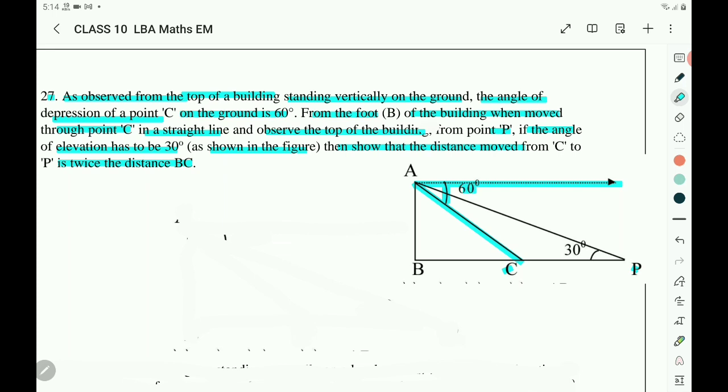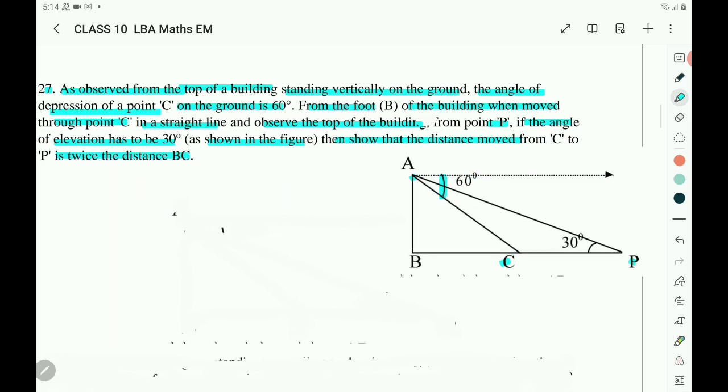The angle between the horizontal level and the line of sight is the angle of depression here, because the point is below the horizontal level. Then the angle of depression is 60 degree. As it is 60 degree, this angle ACB is also 60 degree. Then you can write this is 60 degree.